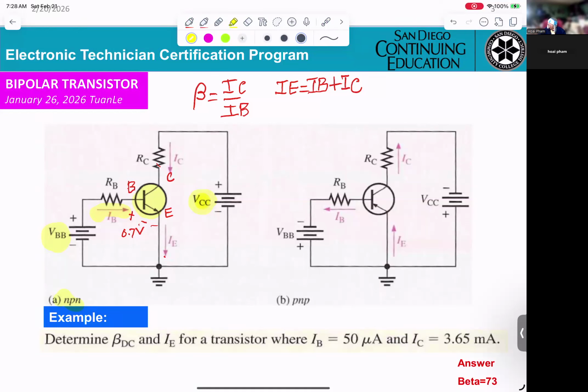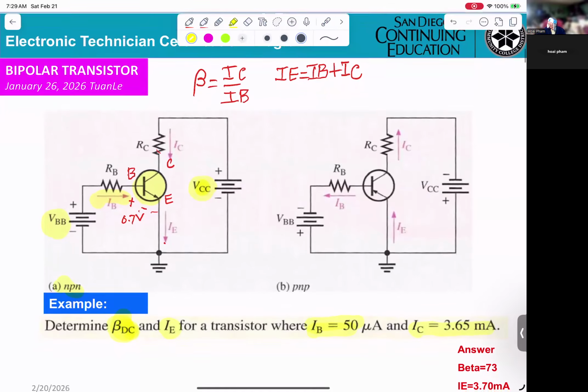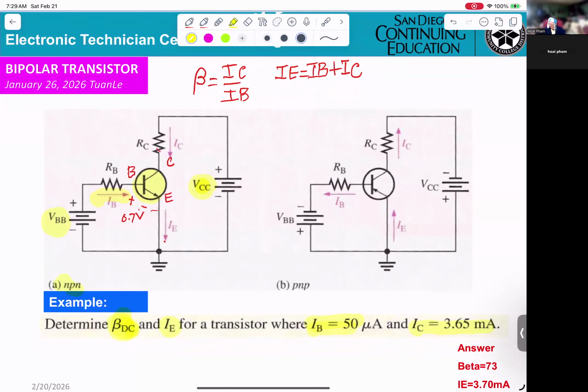Okay. Now, in this example here, they give you beta DC and IE to calculate. They give you IB equal 50 microamp and IC equal 3.65 milliamp. Okay, so now they want to calculate the beta. Can you do it for me?